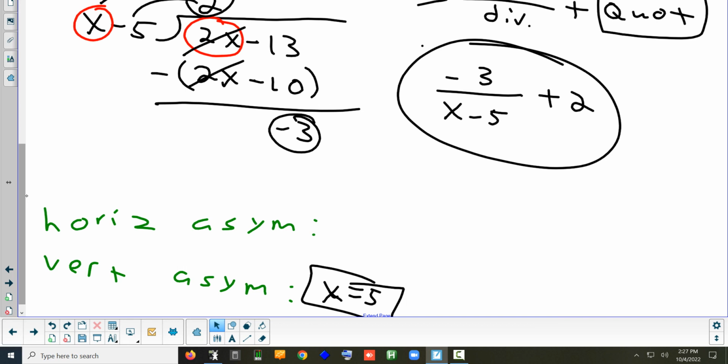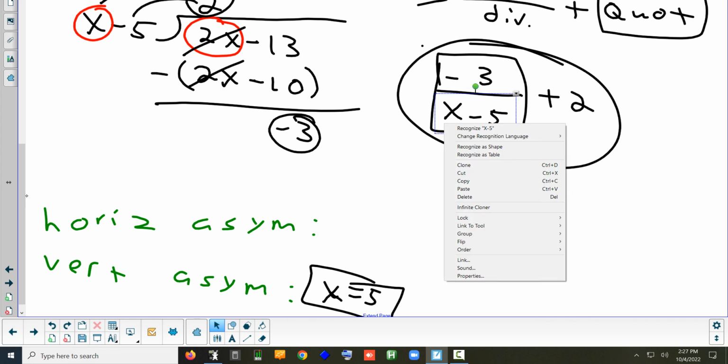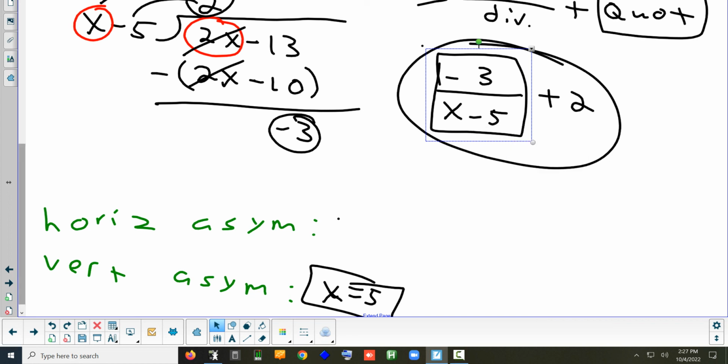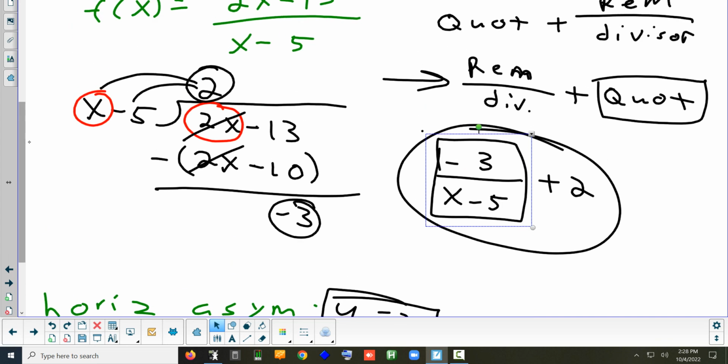Because think about what would happen to what's inside that box if x gets bigger and bigger and bigger. You would divide negative 3 by something that's getting bigger and bigger. Basically, it would approach 0. Plus 2. And what letter do we use for horizontal? Y. There you go. So sometimes you have to do the long division. That's why I taught you long division yesterday, to get the horizontal and vertical asymptote.